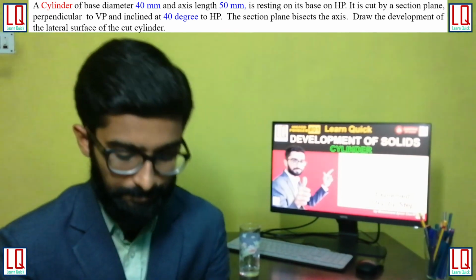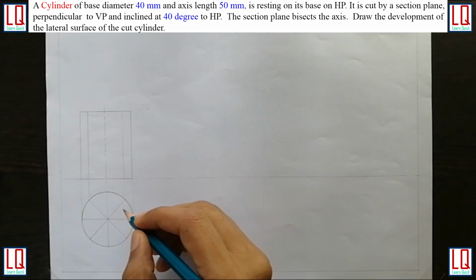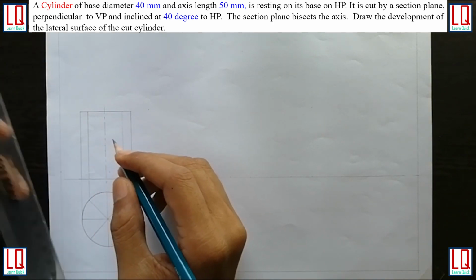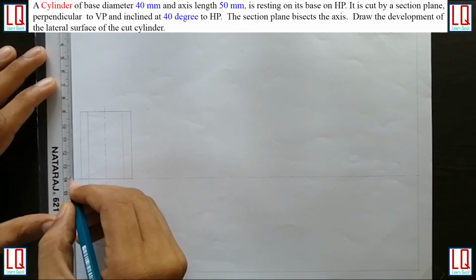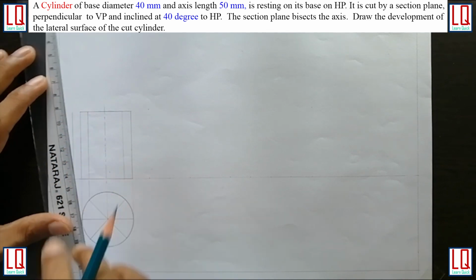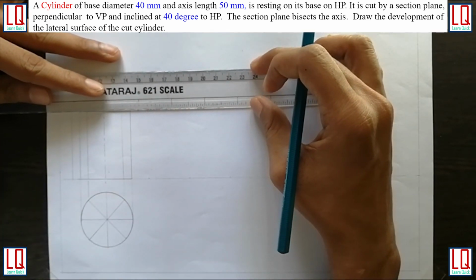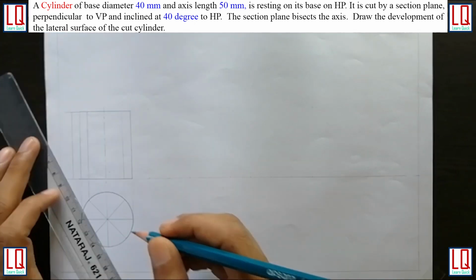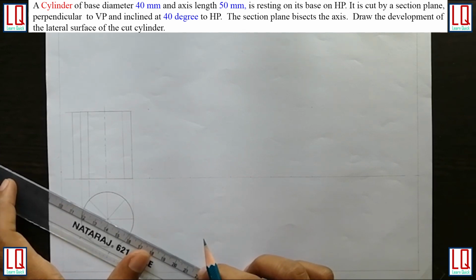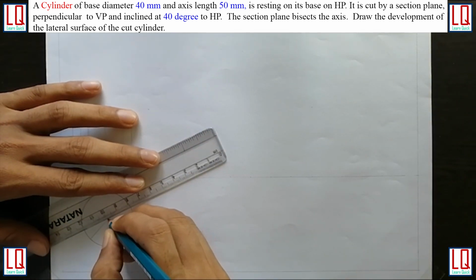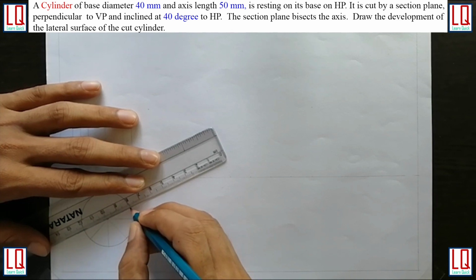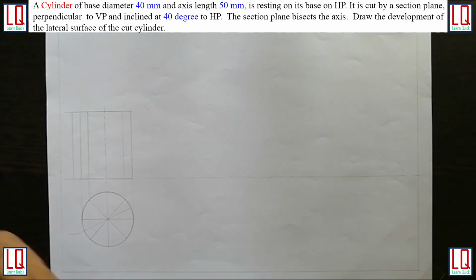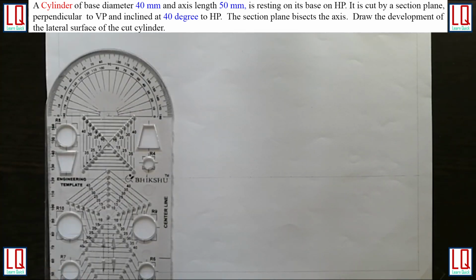development of section. For the given question, we have drawn the top view and front view of the cylinder. So now we will dimension the cylinder in front view. So we will also dimension the circle. You can use the engineering template to draw the arrowheads.